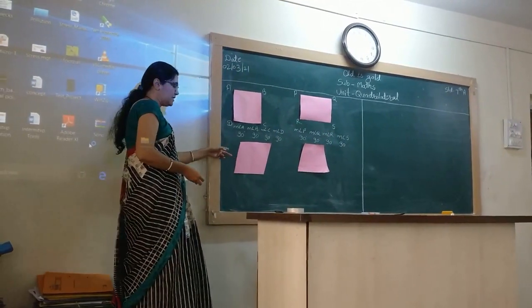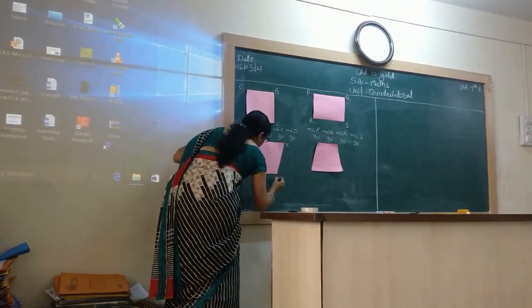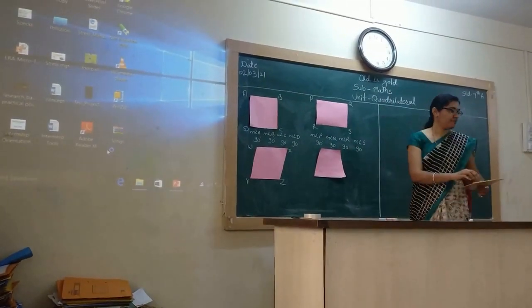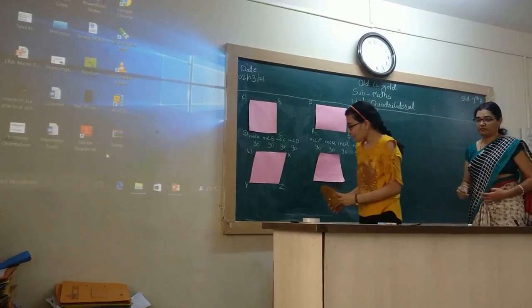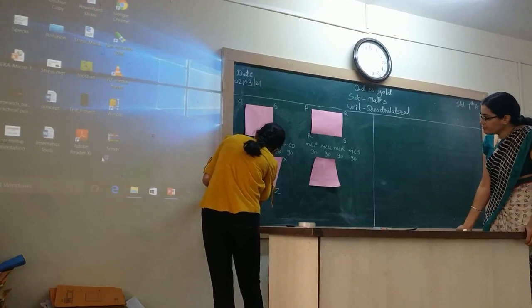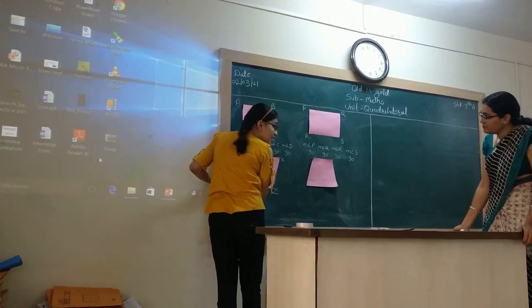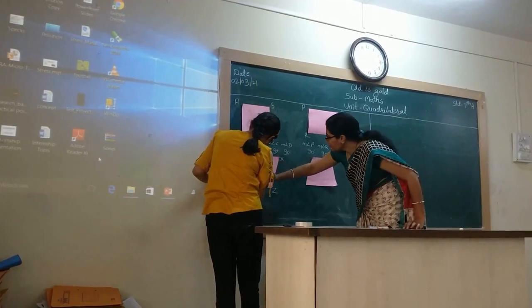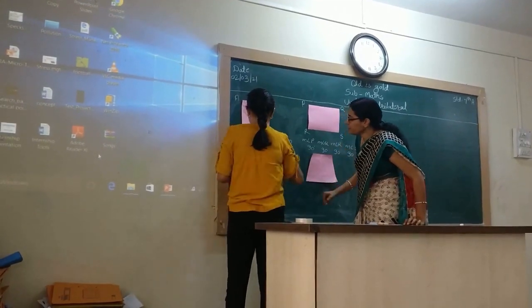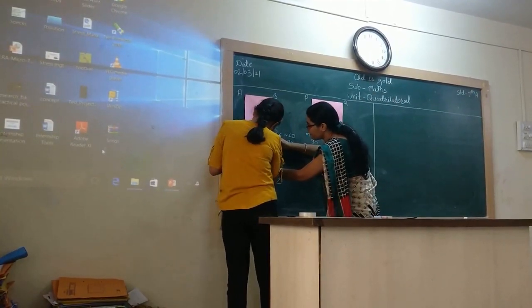Now this is the rhombus. Suppose this is W, X, Y, and Z. Again you have to measure the angles. Okay. Then this one. Properly. Okay. This is 100.